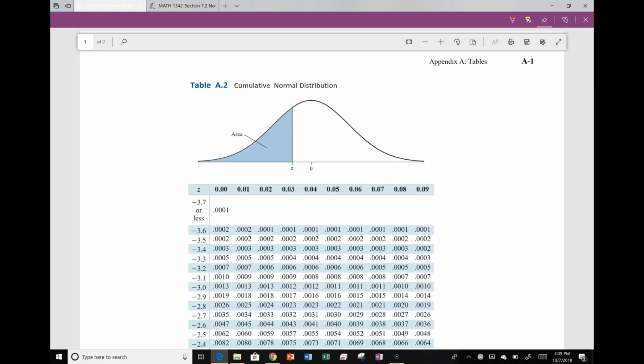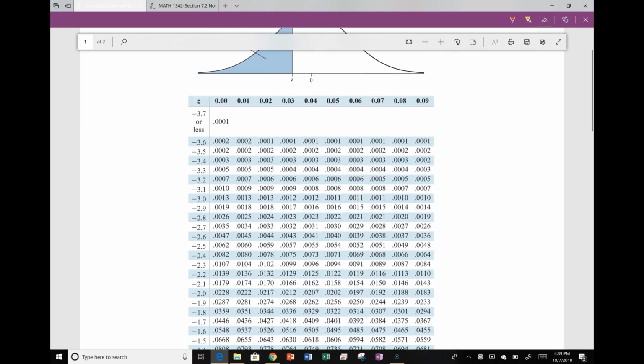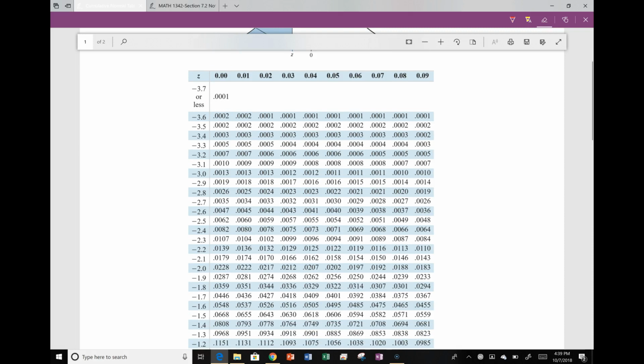If I go back over to our normal distribution table, I'm looking for negative 2.2, which is here, and my third digit place was also a 2.